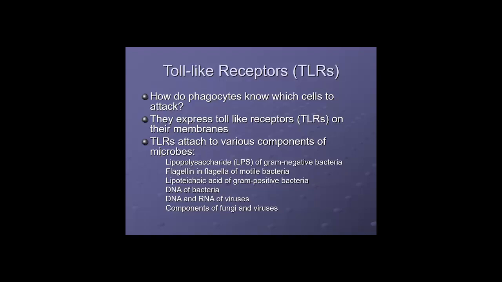This was a question that wasn't answered until really the late 80s, when we discovered what we called toll-like receptors. A toll-like receptor is a receptor on the membrane of our phagocytic cells. And what they do is they recognize things that are uniquely foreign.